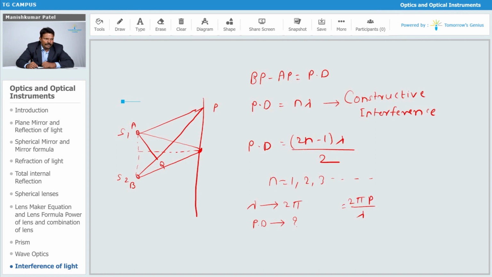So the same condition that you will get over here for constructive interference, and this one for destructive interference. These are the two conditions which are very important for determining the result in case of your YDSE experiment. At constructive interference you will get the bright band, and at destructive interference you will get the dark band over there.